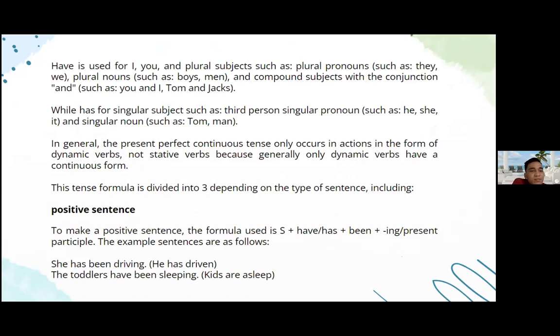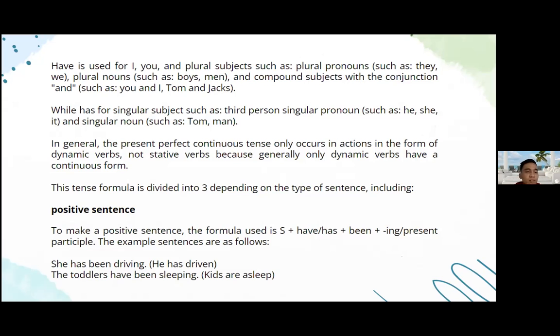Have is used for I, you, and plural subjects such as plural pronouns such as they, we, plural nouns such as boy or man, and compound subject with the conjunctions and, such as you and I, Tom and Jack.